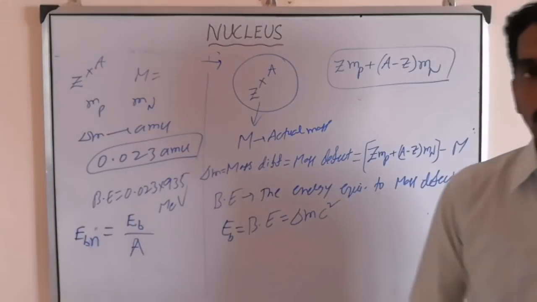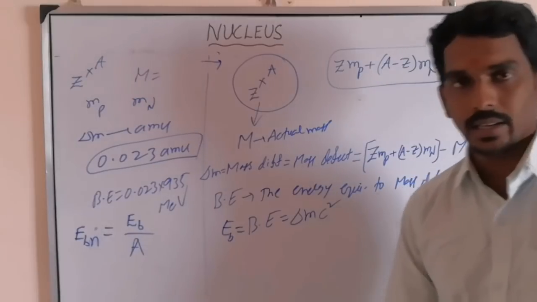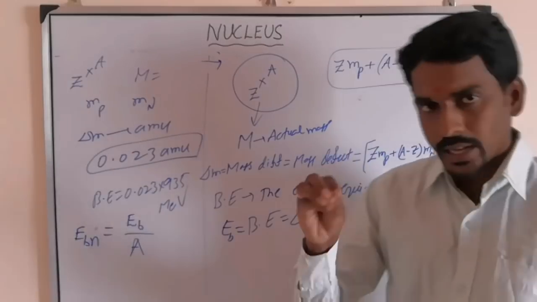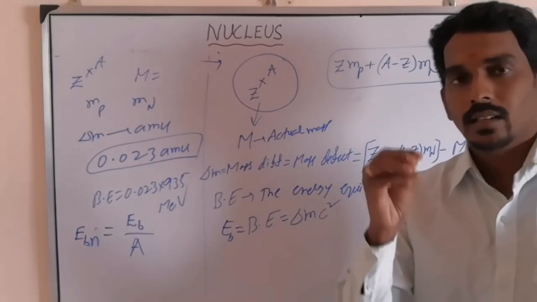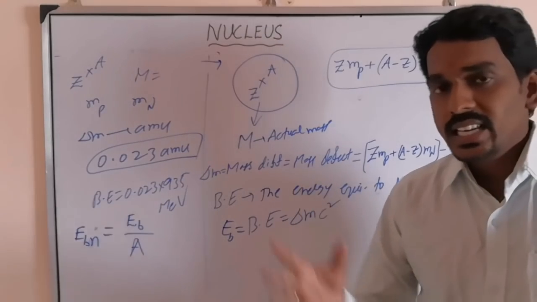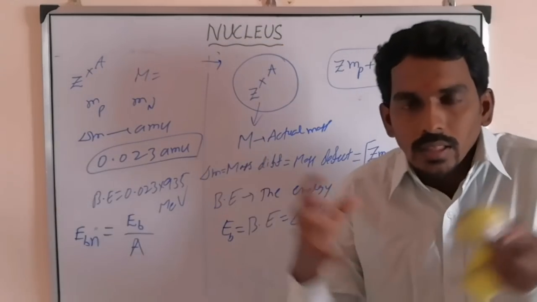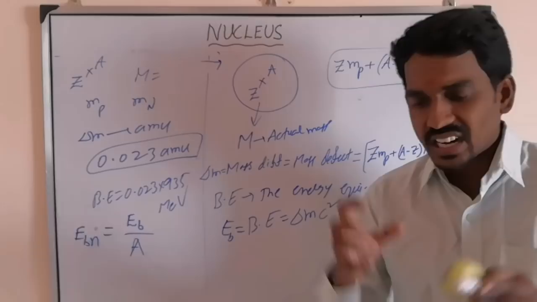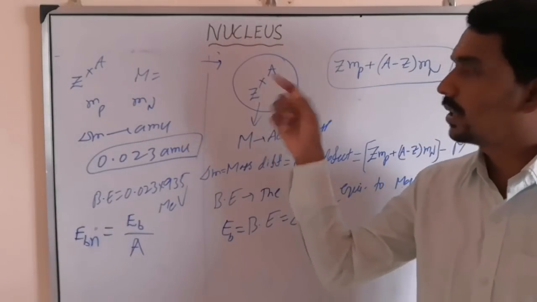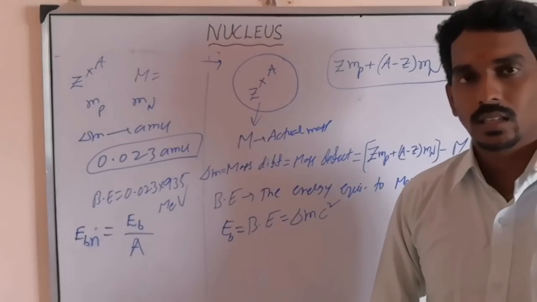And a little bit more, we'll understand what this binding energy is theoretically. See, let's take there are 10 protons and, as I said, 15 neutrons. So the energy required to bond them together within the nucleus tightly, strongly, that energy we call binding energy.